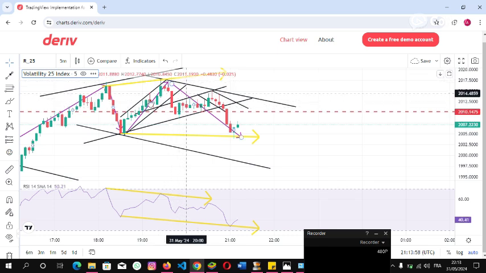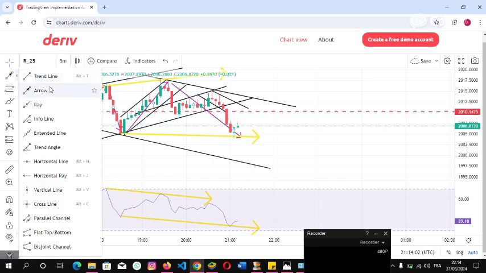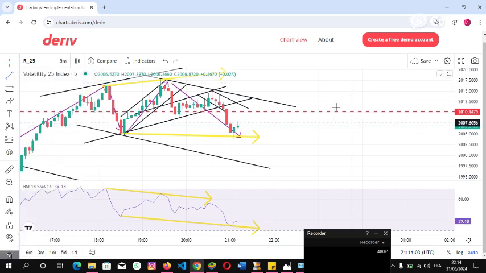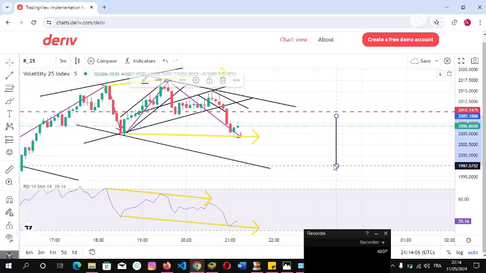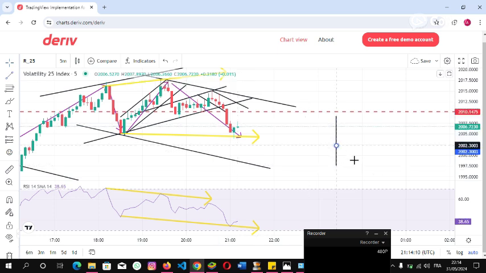Now, if I try to draw a flag, let me see if I can draw a flag real quickly there. If I do this, you see that it looks like I'm going to do this, and I'm going to take another line and do that, and take another line and do something like this, and hopefully this should look like a flag.